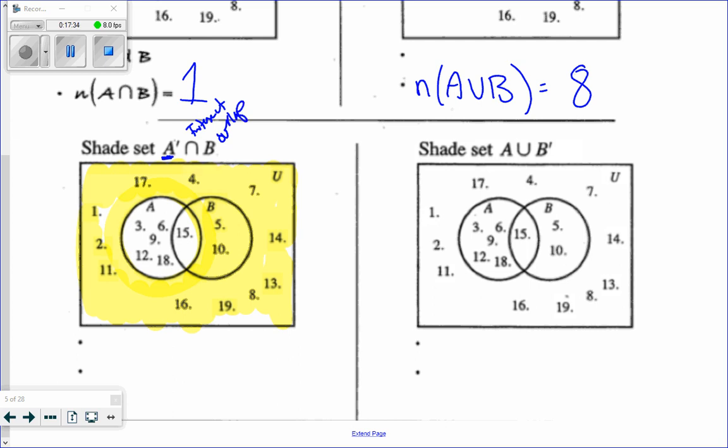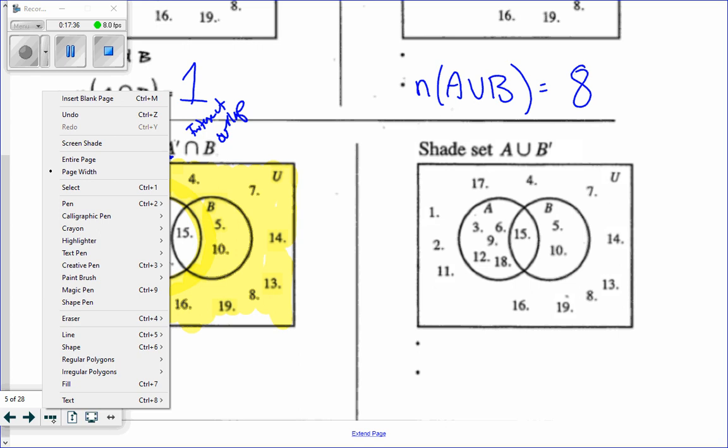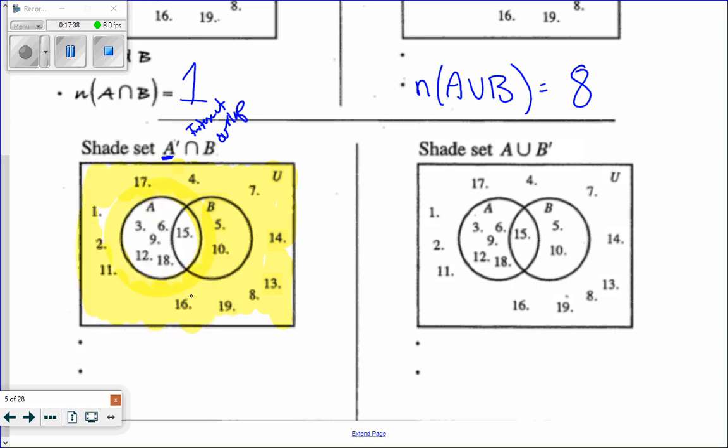So circle B is this part right here. Where did I have overlap? That is where you have 2 colors. So where do I have 2 colors? Right here. So it would just be the 5 and the 10.